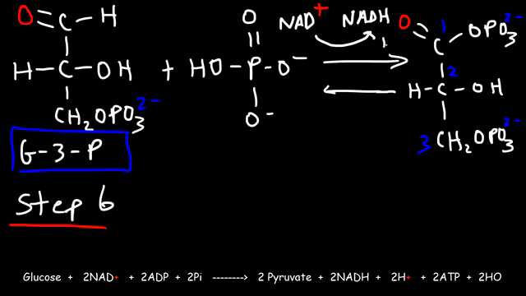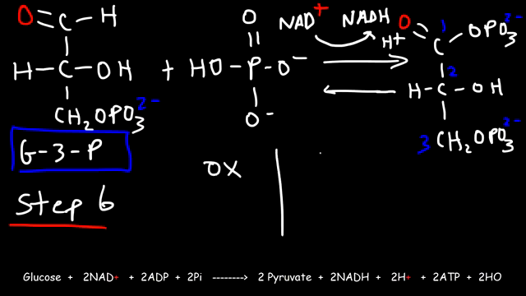And it also produces an H plus ion. Now the conversion of NAD plus to NADH, is that an oxidation or reduction reaction? Now keep in mind, for every oxidation reaction, there is a corresponding reduction reaction.